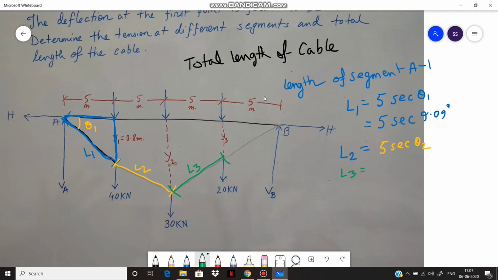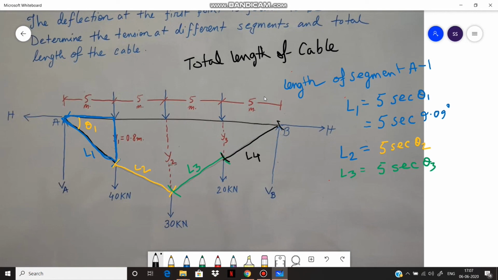We get 5 sec θ3, and we take the length of this section from here to here, which is L4.